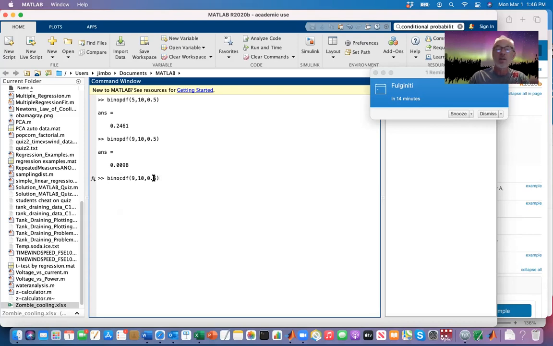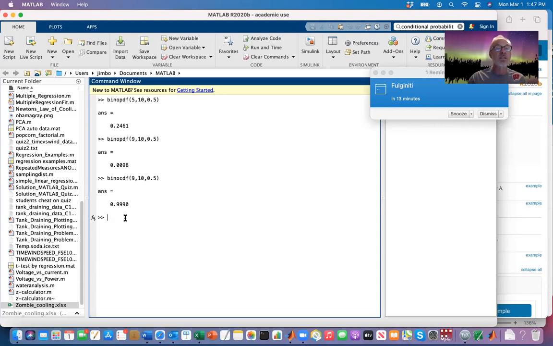So it's summing all the individual binomial probabilities for x equals 0 to x equals 9, given 10 tosses of the coin and a probability of heads of 0.5. And you can see that it's very unlikely to get 10 out of 10, about 1 in 1,000. It's very likely to get anything other than 10 out of 10, which is 9 heads or fewer, because it's summed from 0 all the way to 9.